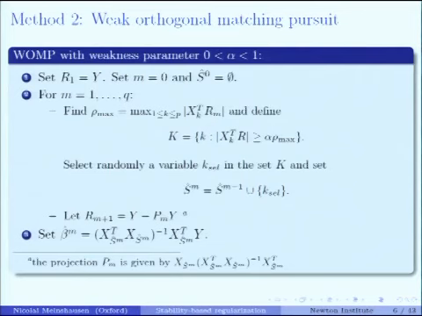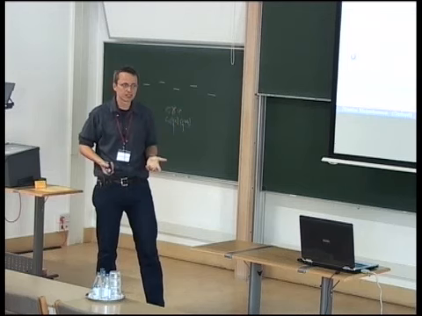The basic idea is you start with the empty model, and then you start adding variables one by one, and the one you add is the one which has maximal absolute correlation with the residuals you have at that time. The weak part means it doesn't have to be exactly the one with the maximal absolute correlation, but it could be one which has close to maximal correlation. It seems a bit simpler, but computationally it's quite fast as well.